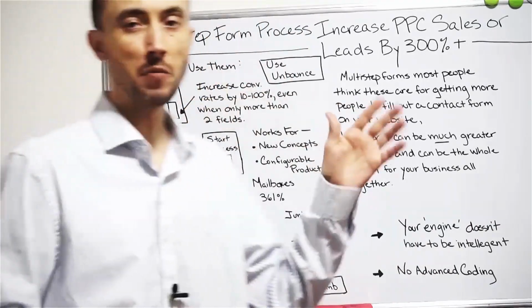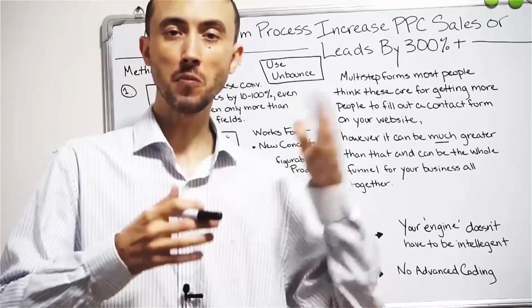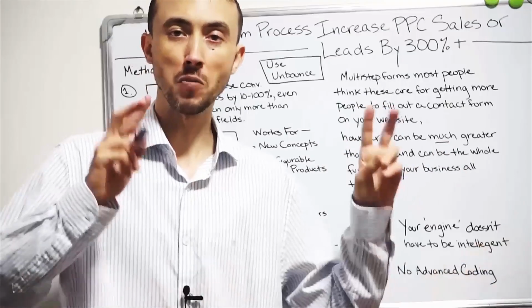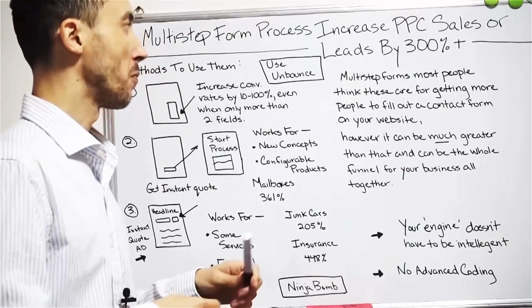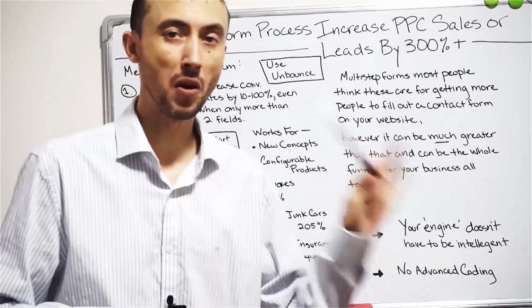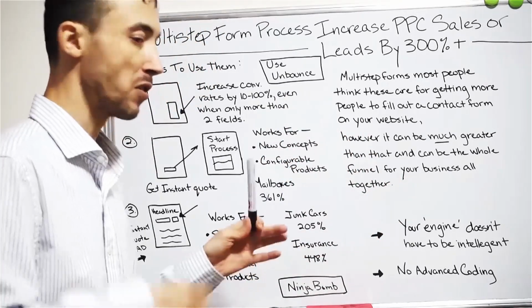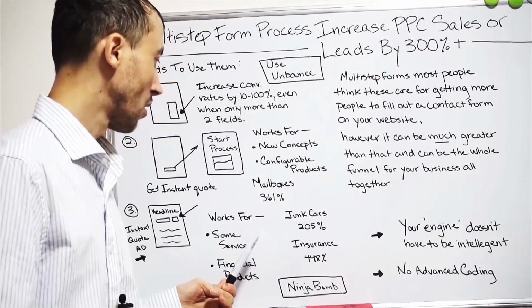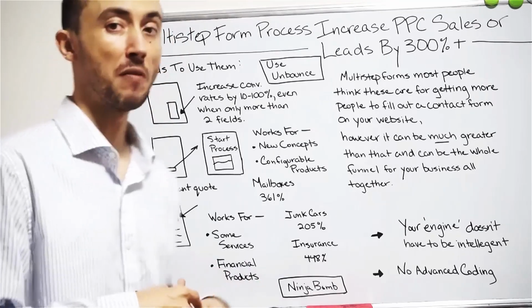But more importantly, I'm going to go over using that same type of technology, the multi-step form process, for businesses that sell a product, a visual product, or you have a new concept you're trying to sell, or you sell financial services, any kind of services.